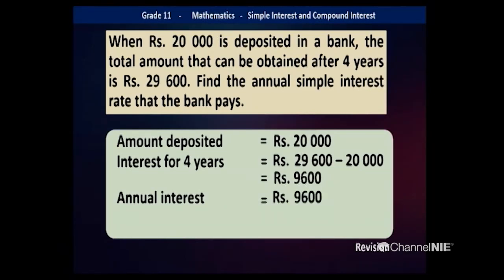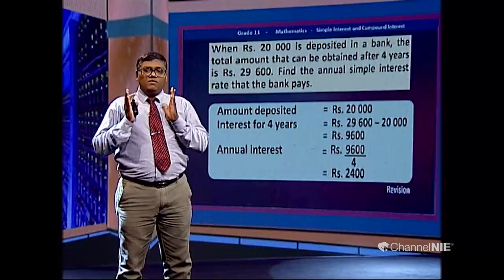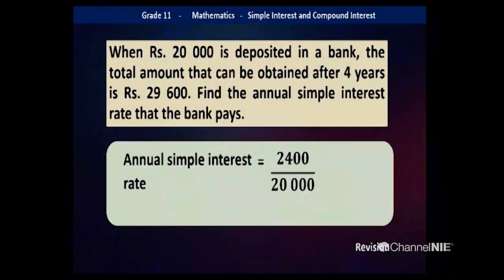9,600 is for 4 years. We can divide it by 4 to get the interest for 1 year. What is the interest for 1 year? 9,600 divided by 4, 2,400. Now we have found the interest for 1 year for the principal amount 20,000. Looking at those two, 20,000 and 2,400, we can simply calculate the annual interest rate under the simple method. 2,400 upon 20,000 into 100%.